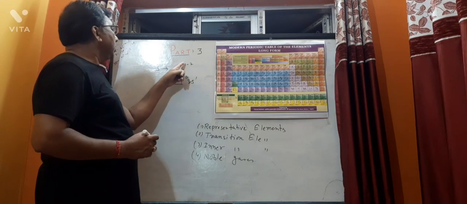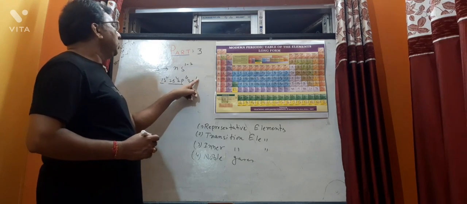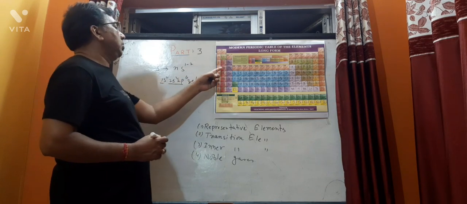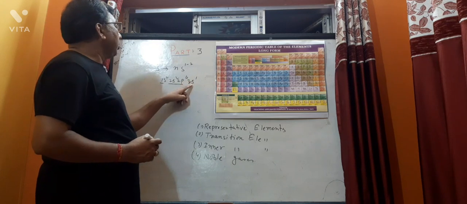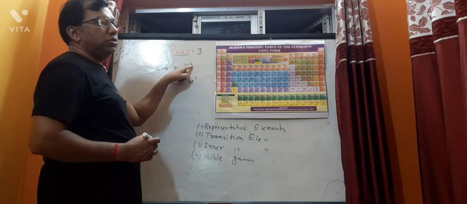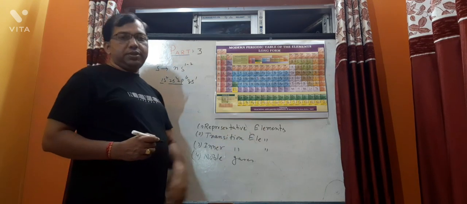In group 1, there is 1 electron in the s orbital, in group 2, 2 electrons in the s orbital. Sodium is group 1, third period, so the last orbital has 3s1. That's why ns1 to 2 is the electronic configuration of s block elements or representative elements.